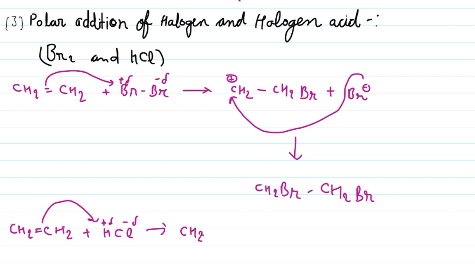CH2 plus charge single bond CH2Cl, not Cl, it will be CH2H, that means CH3 and Cl minus ion. In the second step, this chloride ion attaches with the carbonium ion and forms CH2Cl single bond CH3.